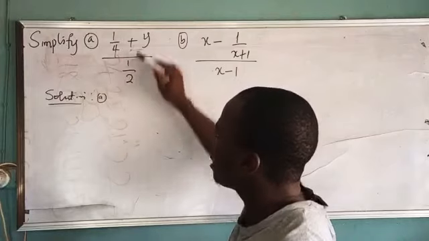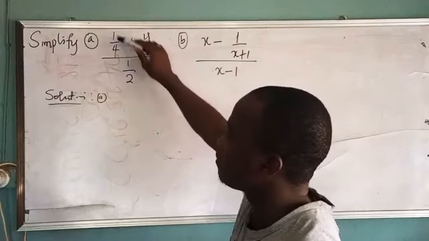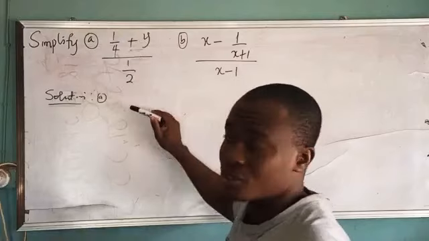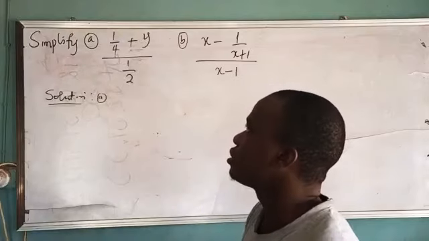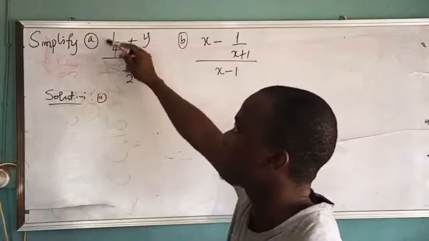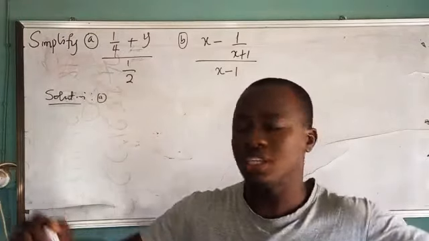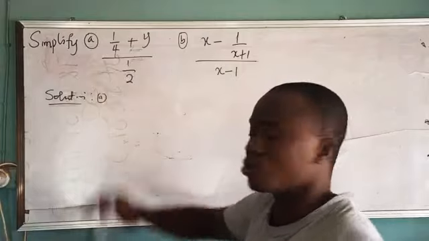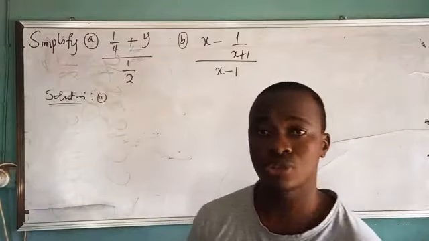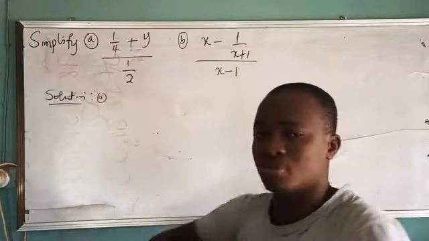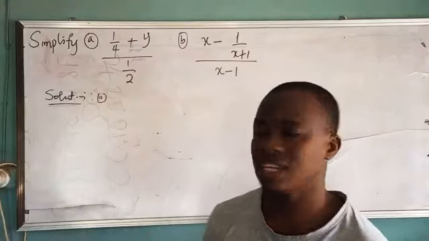What is making this one ugly is the fraction that we have here and also the fraction that we have here. If you want to clear these fractions, you want the numerator to be in a linear form, and also this one to be in a linear form. So we need to clear the fraction.